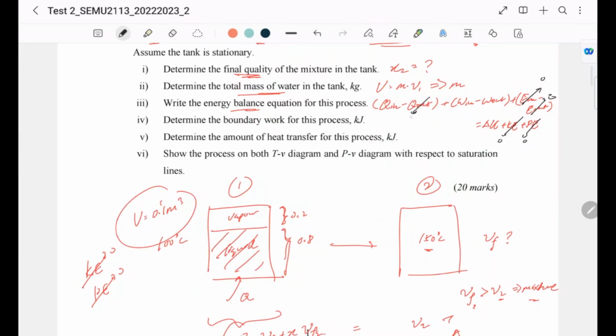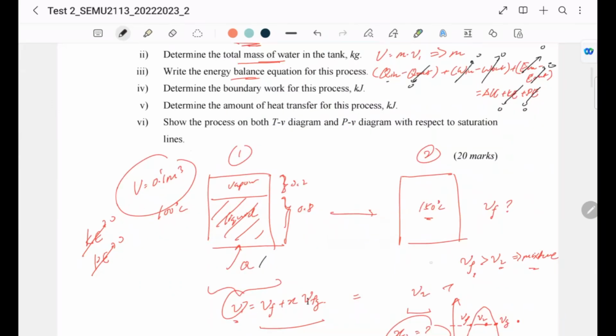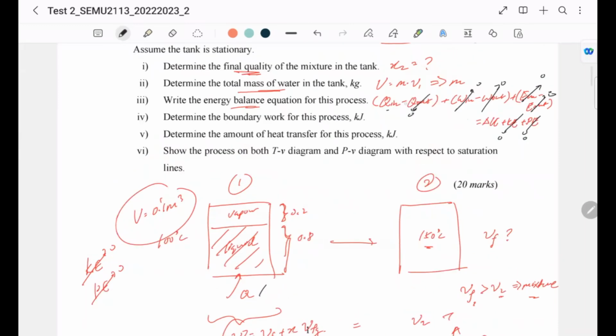No Q out. There is Q in. No work out. There's no work out because, first of all, there's no work going out. There's no boundary work as well, if boundary work is considered as one work out. So then you get your equation, this equal to this.